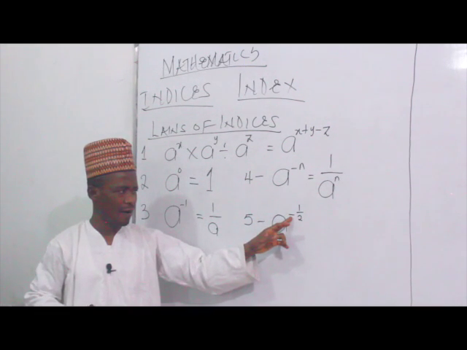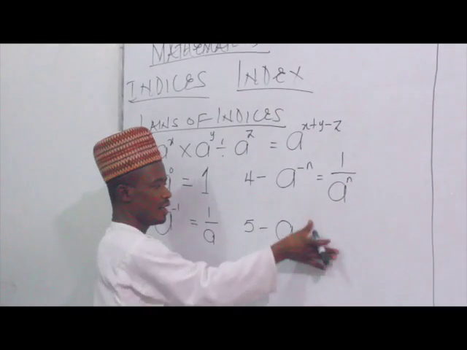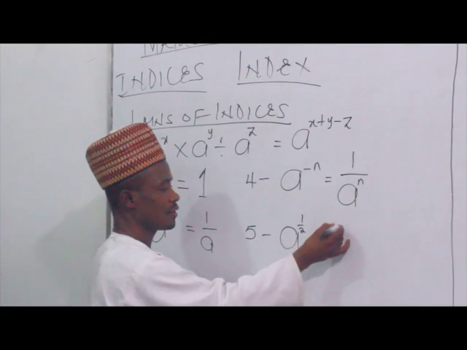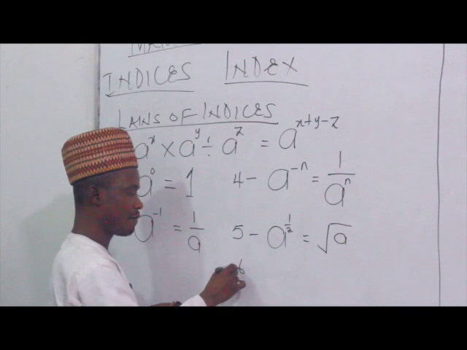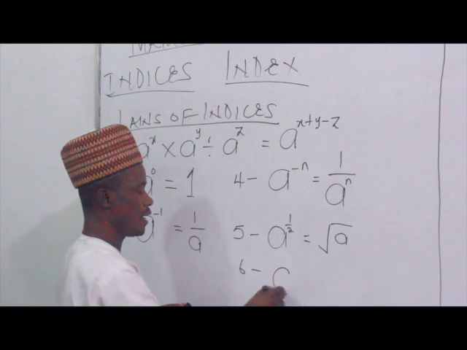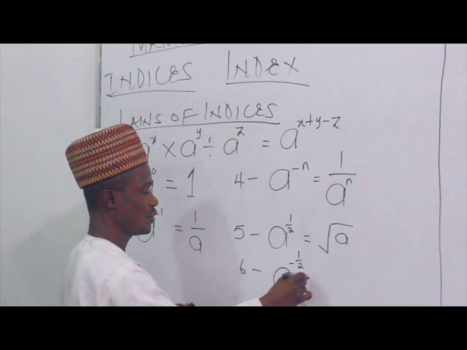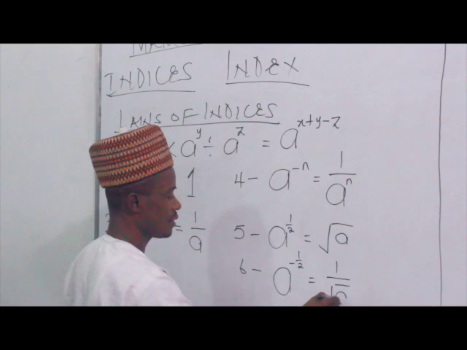Fraction as power. Well, first of all, let's consider the positive index. a raised to the power of 1 over 2 is the same thing as the square root of a. Then the situation where we have a as the base raised to the power of minus 1 over 2 will be the same thing as 1 over the square root of a.